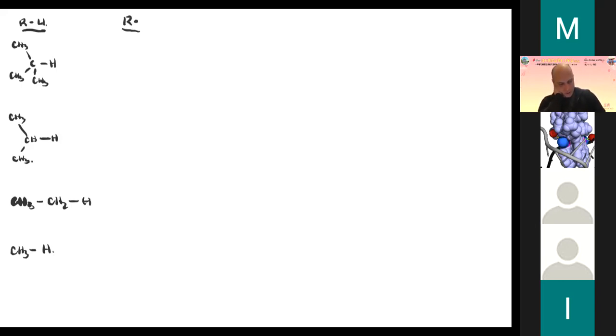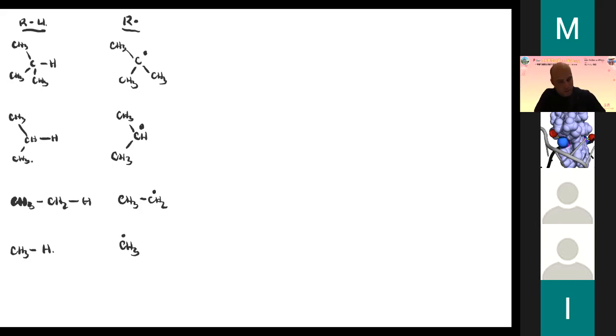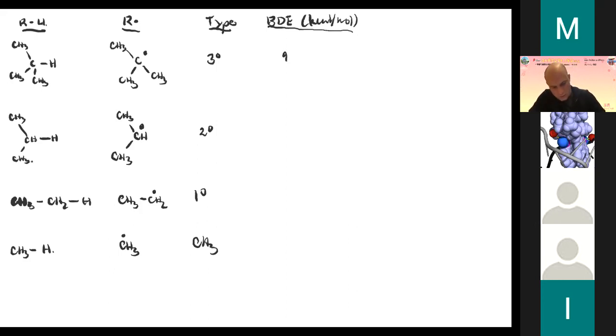This would be tertiary radical, and then secondary, primary, and finally methyl. Tertiary, secondary, primary, methyl. And then we can write out the BDEs in kcal per mole. This is about 93, 96, 100, and 104.